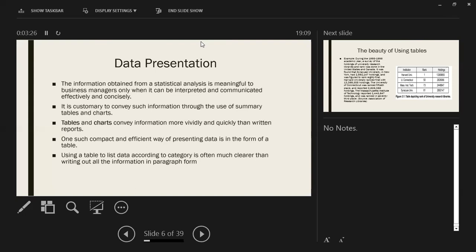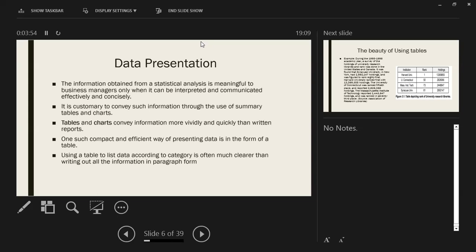One of the easiest ways of presenting data is using summary tables and charts, right? Tables and charts convey information more vividly and quickly than written reports, right? So when you are employing a table and a chart, you are trying to bring out your information vividly. I'll give you an example of what I'm talking about, right?